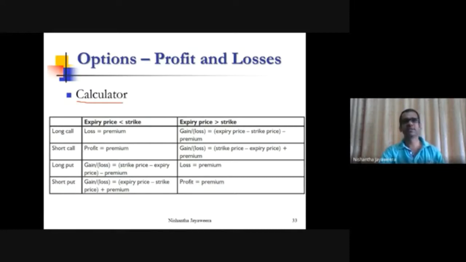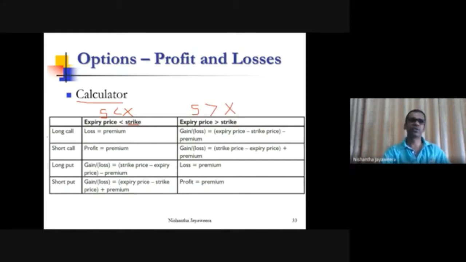Then the relationship between expiry price, that means on the expiry date, what is the spot price, and the strike price that you agreed. The second column shows what would happen when the expiry price, the spot price, is less than the strike. The third column shows what would happen when the spot price is higher than the strike price.